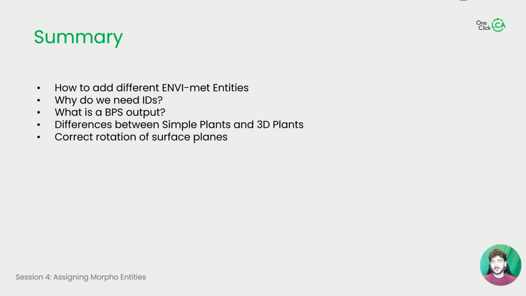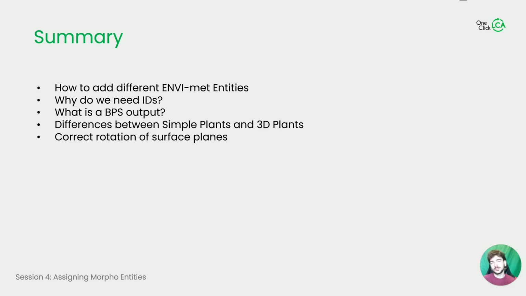So this is already it. So I'm just going to quickly summarize what we learned today. We learned how to add different kind of entities to our model. We learned why we need IDs and why they need to be unique. Also, I explained what a BPS output is and how to activate it. Also, the differences between simple plants and 3D plants.